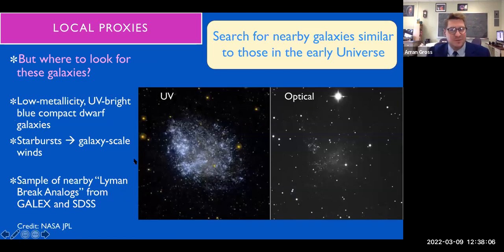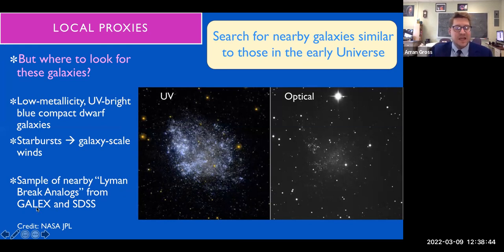Now, we cannot spatially resolve distant galaxies at redshifts of 6, where we know that these types of galaxies originally were. So instead, our strategy is to look for local proxies that we can spatially resolve, in the hopes of pinpointing where these types of objects live. To do that, a good starting place is a sample of Lyman break analogs, local versions of the Lyman break galaxies that were first spotted at high redshift, which are thought to be those high redshift origins of ionizing photons.